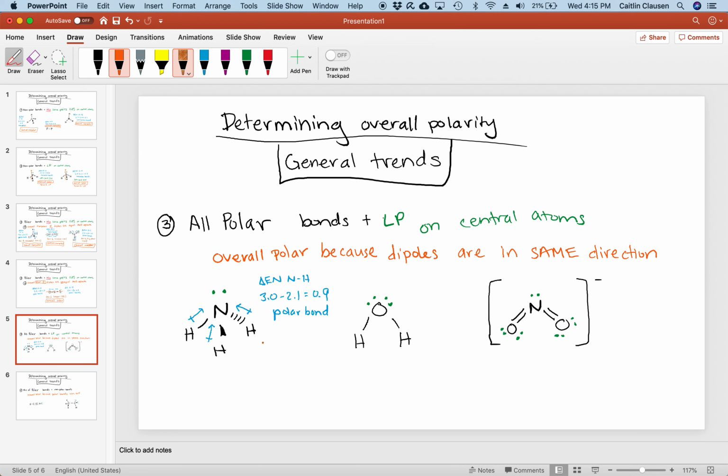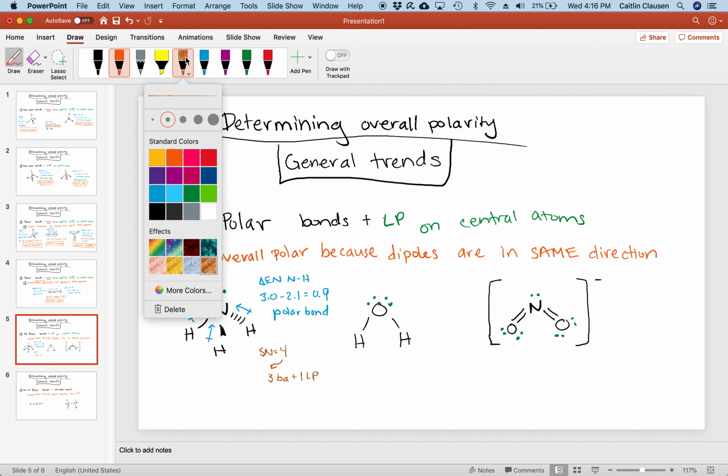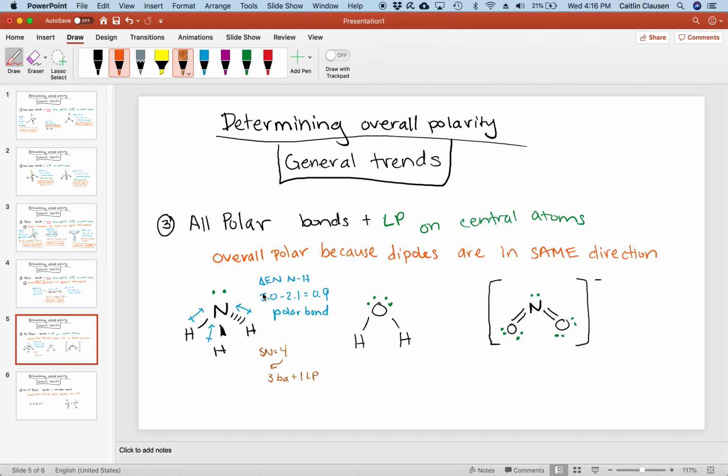So the lone pair now, if we look at the steric number, 4, comes from 3 bonded atoms plus 1 lone pair. That means this molecular shape, instead of being truly tetrahedral, is going to be trigonal pyramidal.